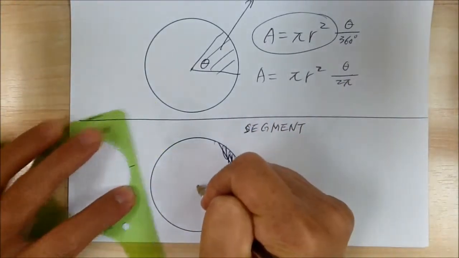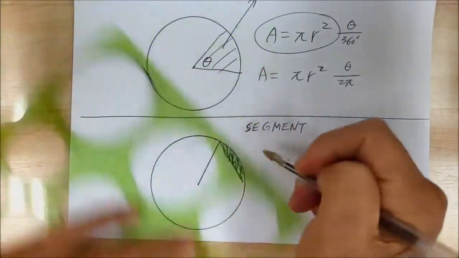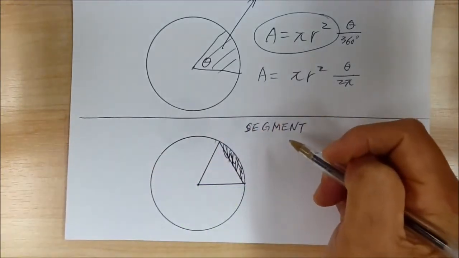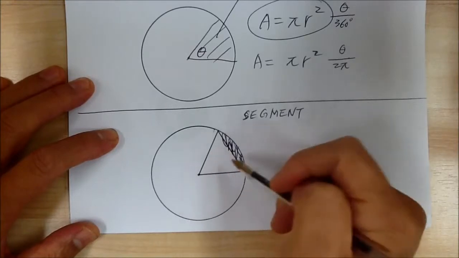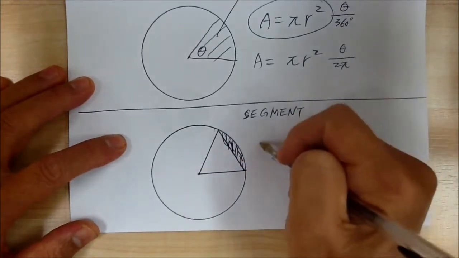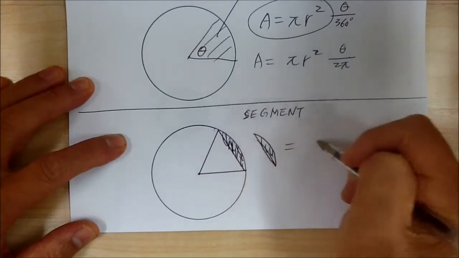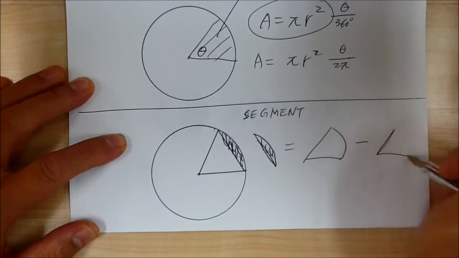To figure out the area of a segment, again, it's not that difficult if you understand the concept. The segment is equal to the sector minus the triangle. So in other words, you want to develop your strategy. So this is equal to the sector minus the triangle.